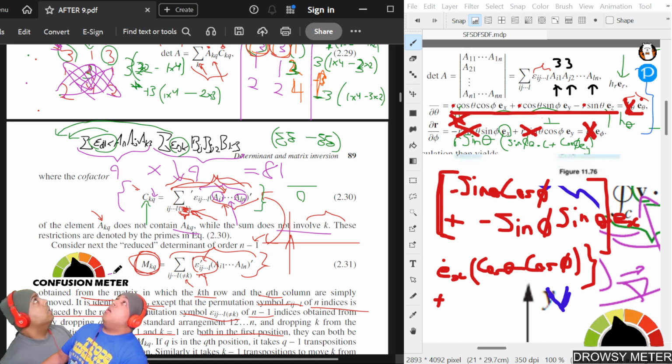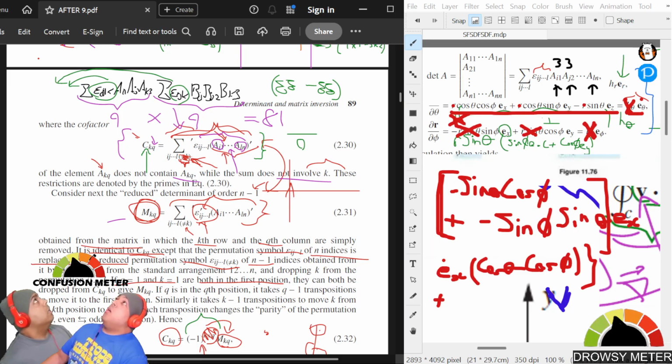M is obtained from the matrix in which the kth row and qth column are removed, and is identical to CKQ except the permutation symbol of n indices is replaced by n-1 indices instead, where you remove the k.